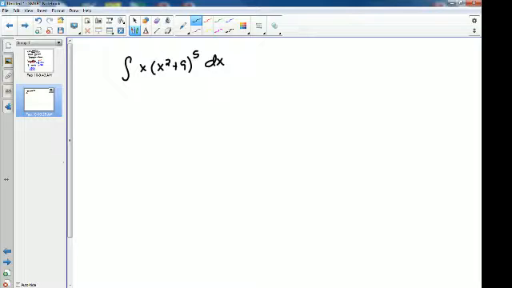Again, okay, what's the derivative here? What's the derivative of this? 2x, right? We have an x here. The 2 we can deal with. Okay, but the x is there. That's what's key. Right? So what do we want to select as our u value?